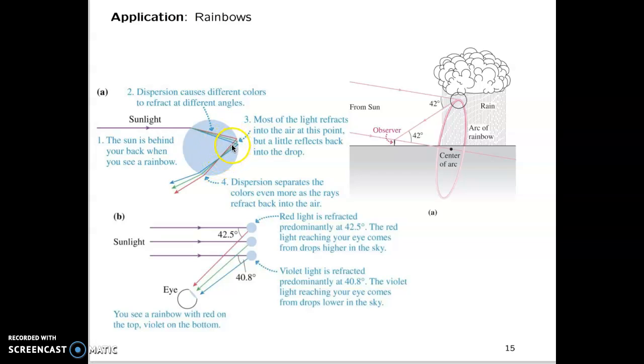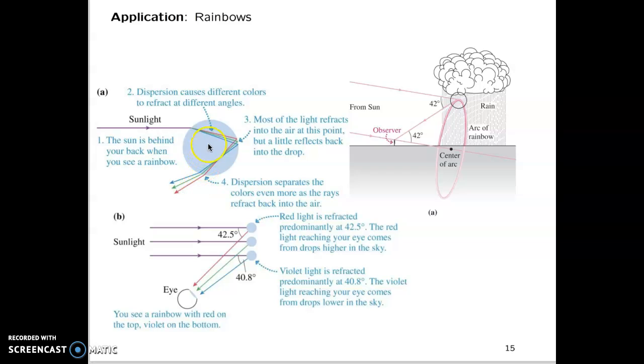What we care about is the portion of the light which gets reflected. So some light will get reflected, and then it will hit another interface here. And this light will refract as it goes from water into the air. And once again, the light will disperse even more, right? The light will break up into its different colors even more than it did over here.